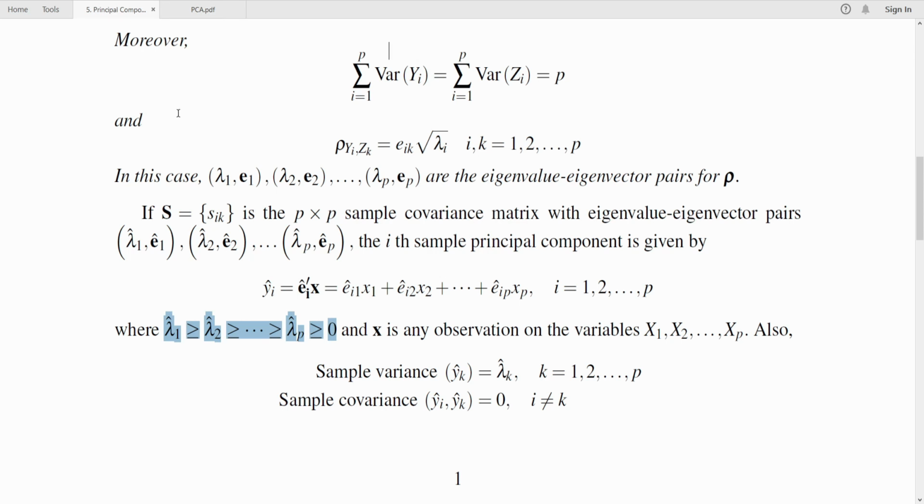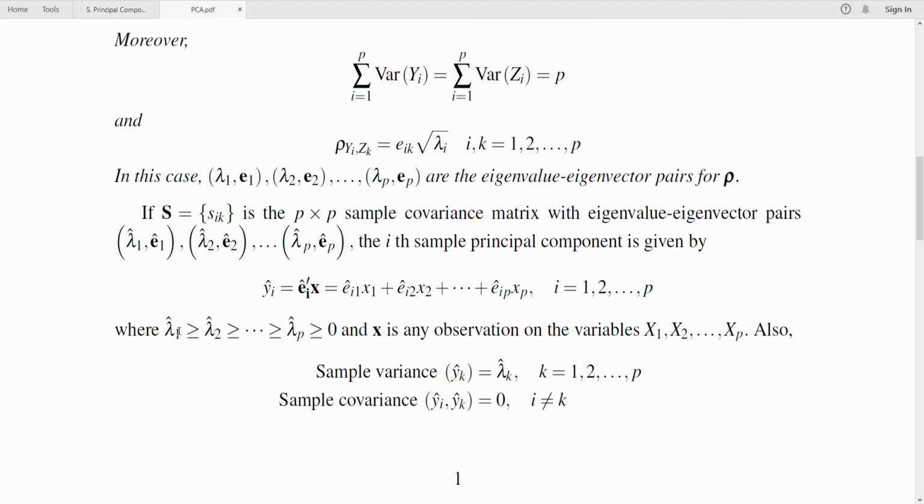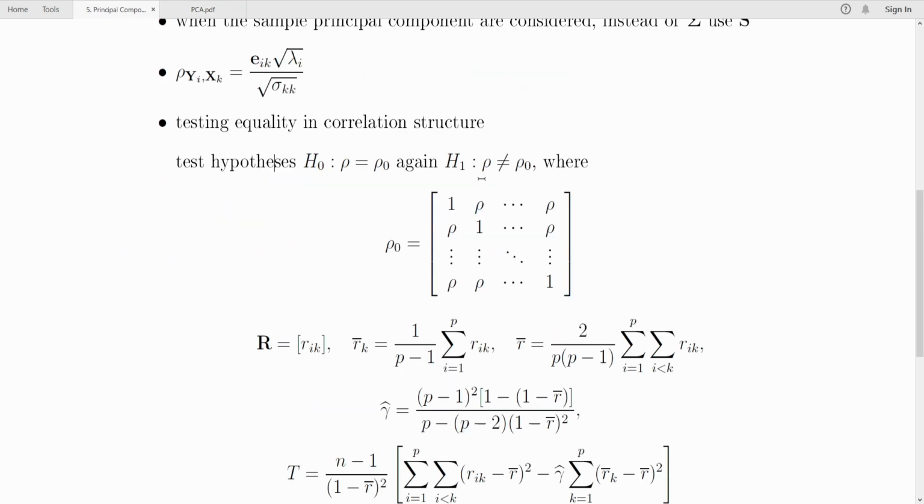We will consider that our matrix rho is equal to this matrix. This matrix yields the same, not distinct, eigenvalues. Then our result for the distribution of these two will not apply. One of the special correlation structures is this, and we would like to test that case.